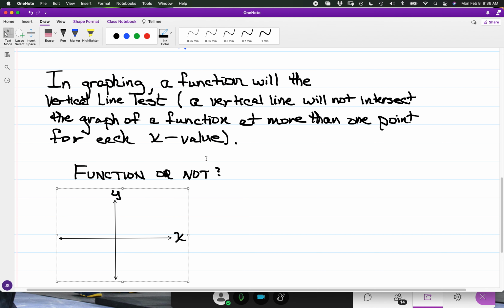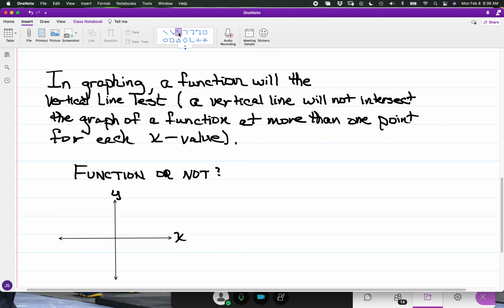Let's say we have a graph; I'm just going to sketch.